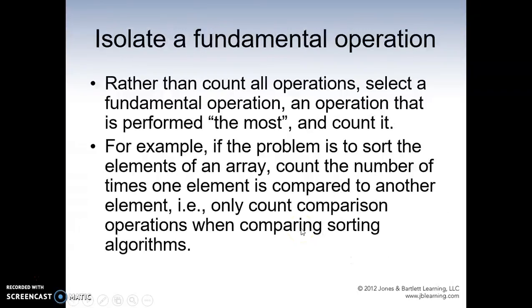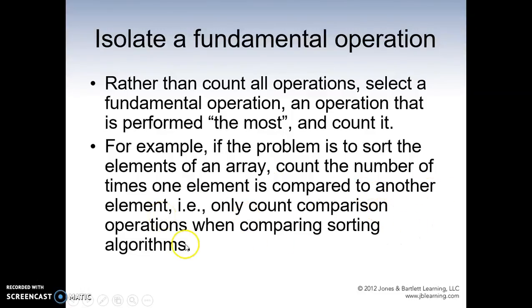So rather than count all operations, look at a fundamental operation, the operation that is performed the most, and count it instead. For example, if the problem is to sort elements of an array, count the number of times one element is compared to another element.